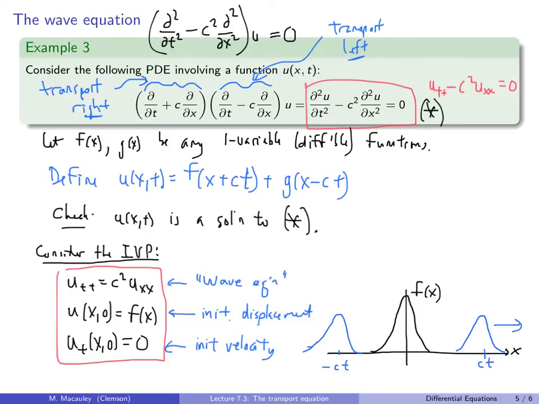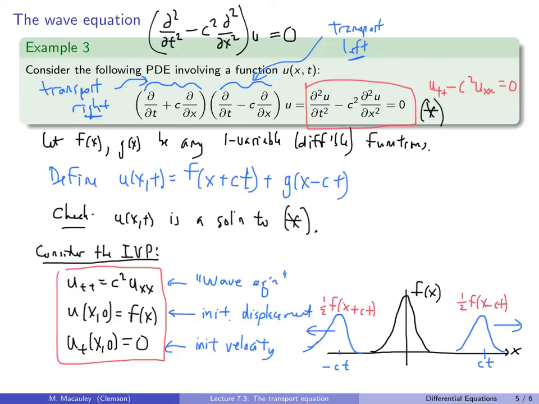And this function here on the right is going to be 1/2 times f of x minus ct. This function on the left is going to be 1/2 of f of x plus ct. So this is traveling that way and this is traveling that way, both of them at speed c.